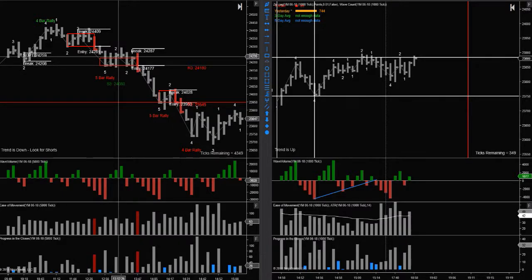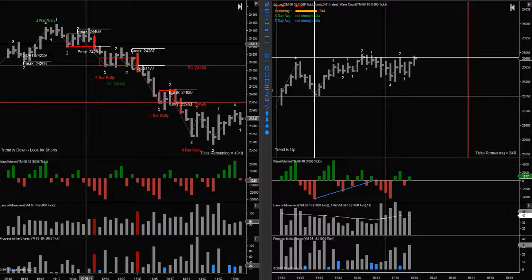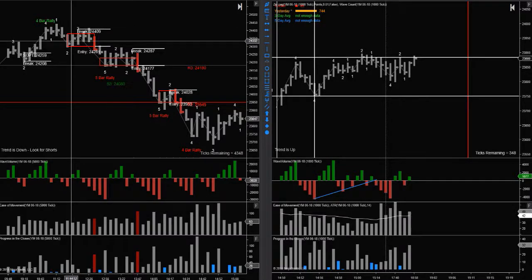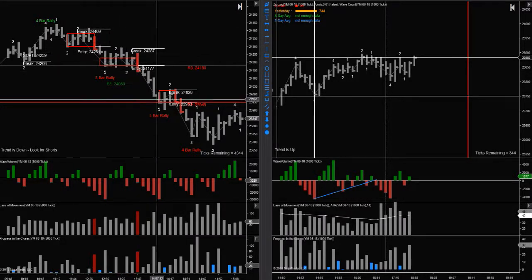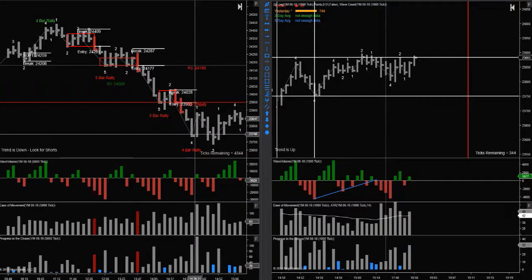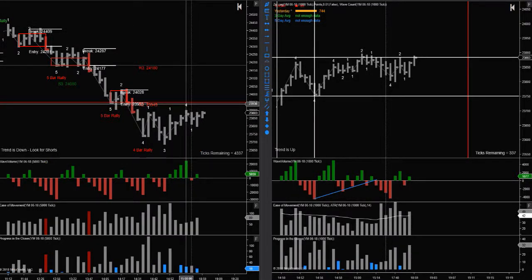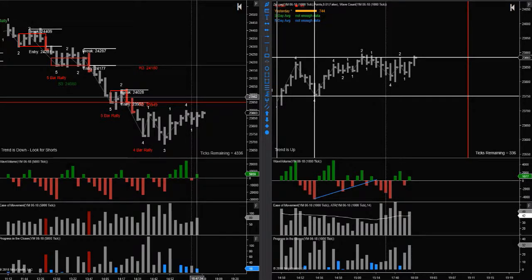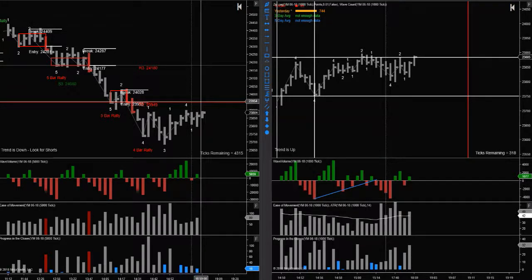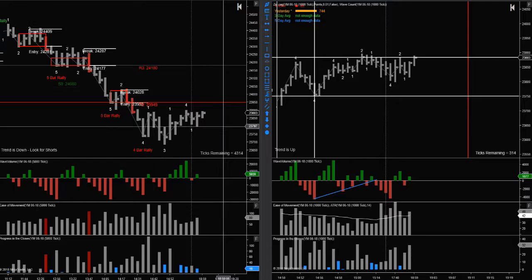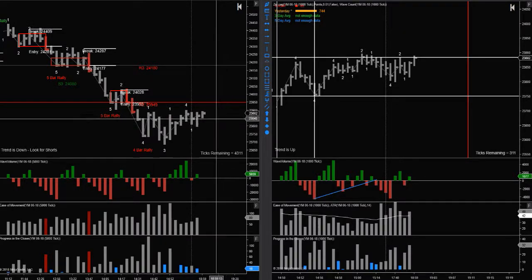In that distribution, redistribution, instead of expansion, the term is markdown. So you have distribution, markdown, redistribution, markdown, redistribution, markdown, finally some accumulation. Now over here is this absorption, or it's going to be redistribution. We don't know yet.